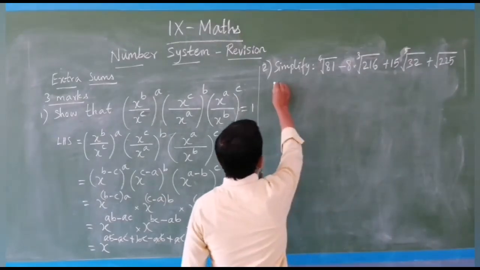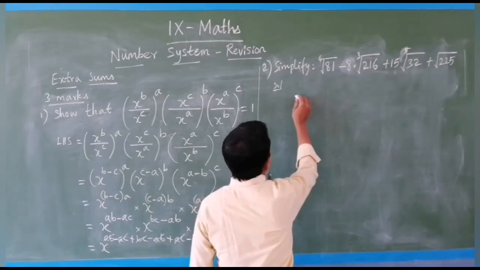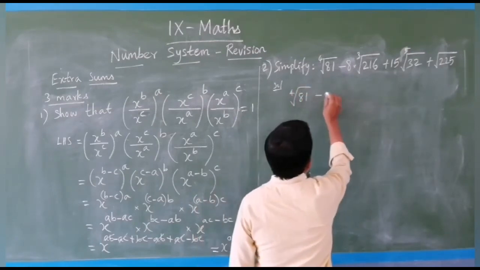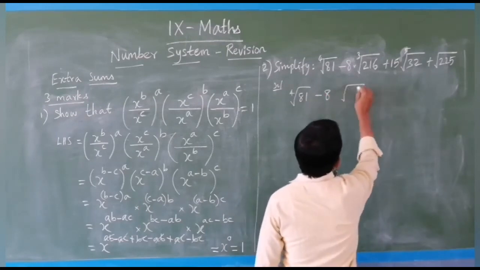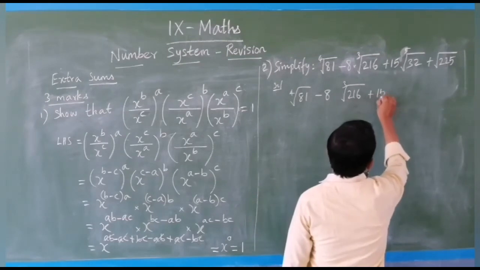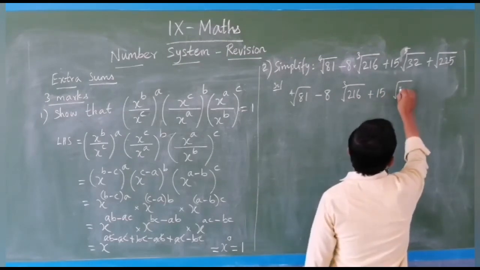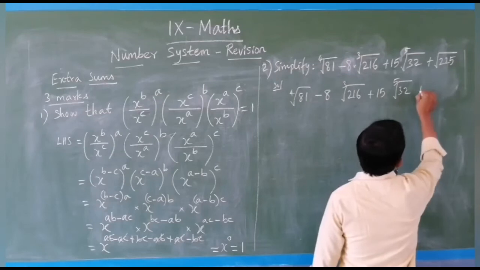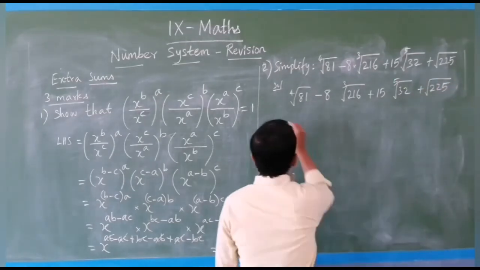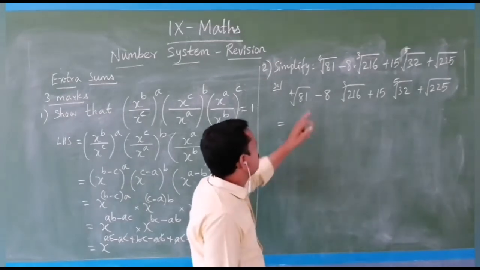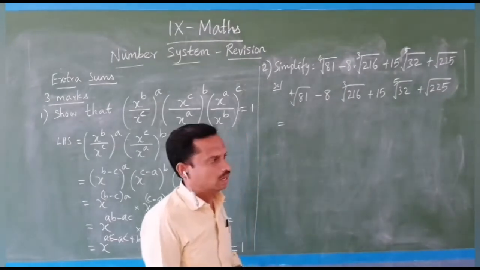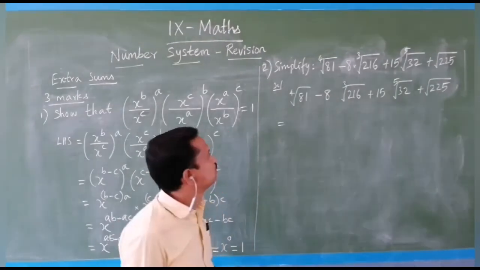So in the solution, you take 4th root of 81 minus 8 into cube root of 216 plus 15 into fifth root of 32 plus root 225. Here 81, you have to make it a number with an exponent.